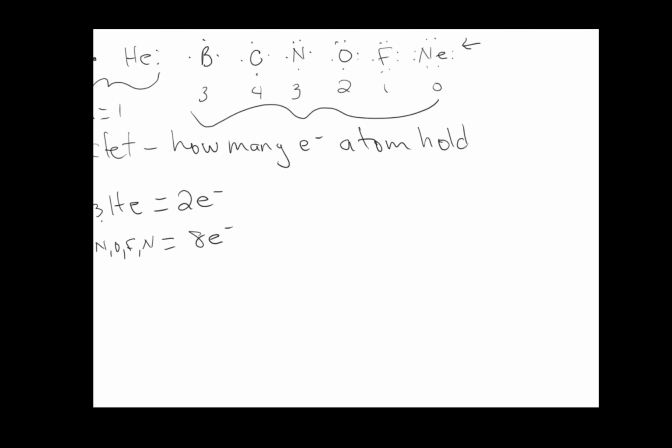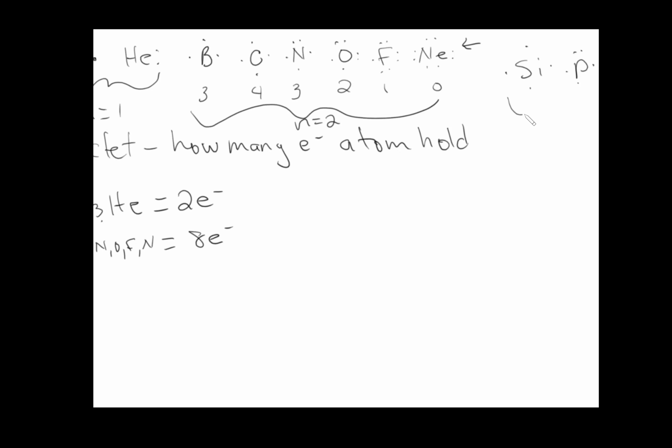Now, if we go down, remember aluminum is a metal, so we're going to go to silicon, and I'm going to draw silicon. Silicon looks just like carbon, but it's in the n equals 3. So we've got n equals 2, and then the one next to silicon is phosphorus, which looks just like nitrogen.